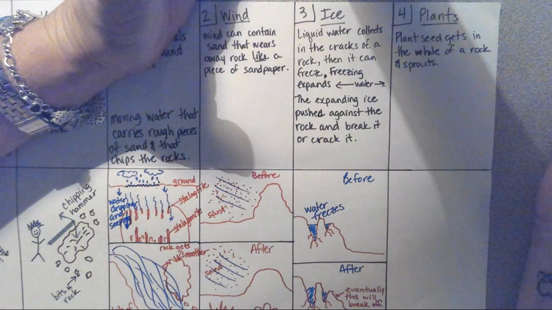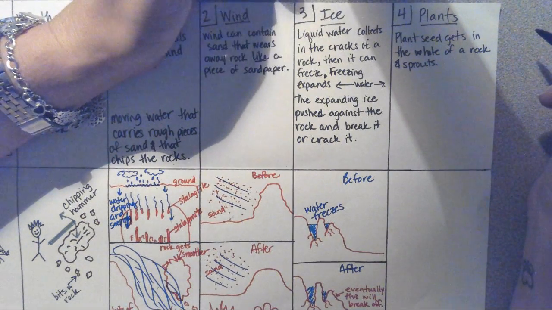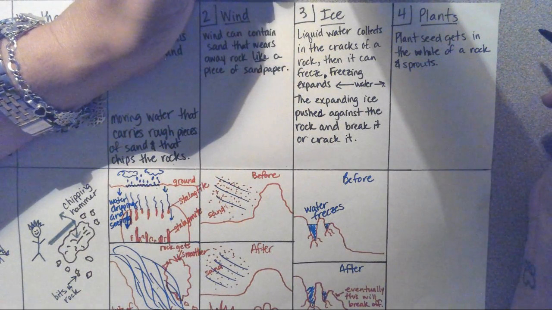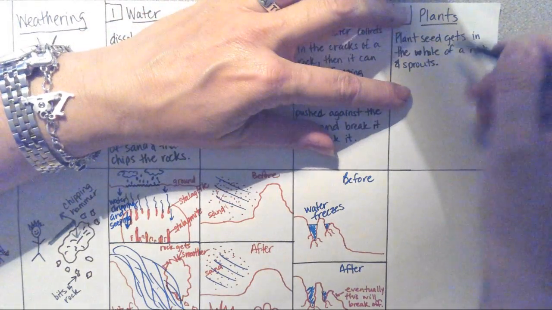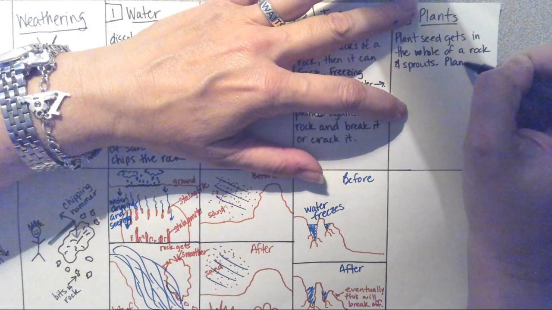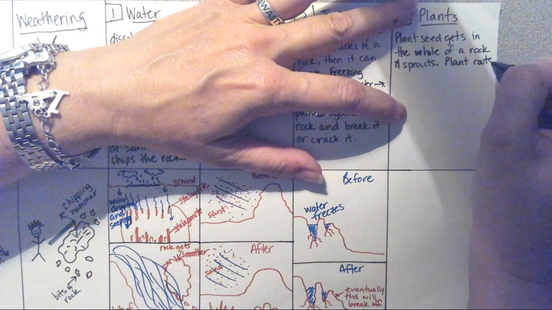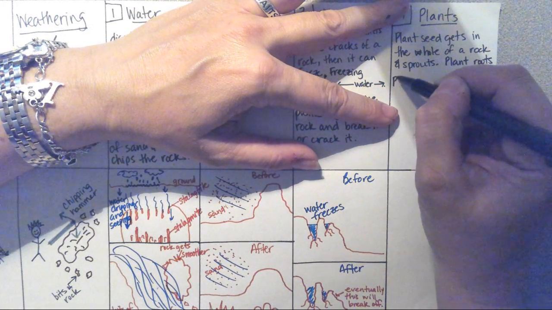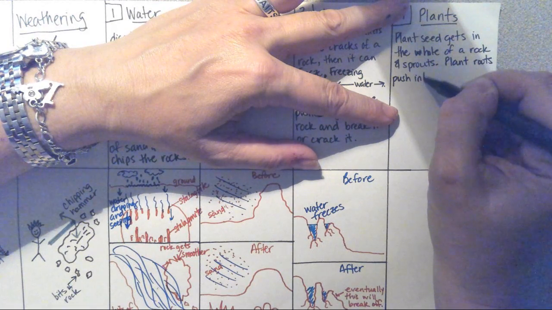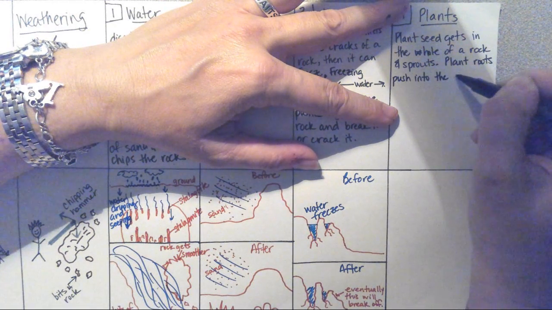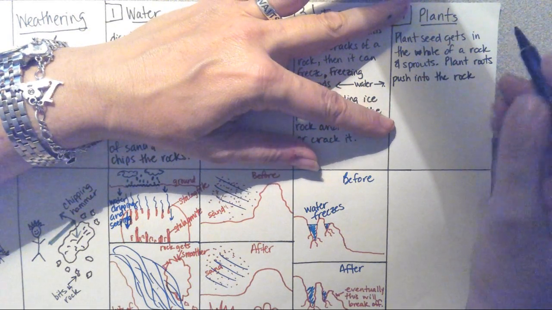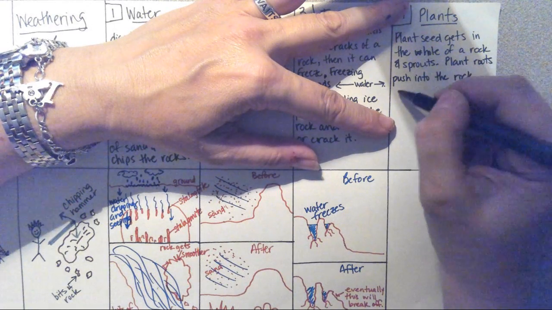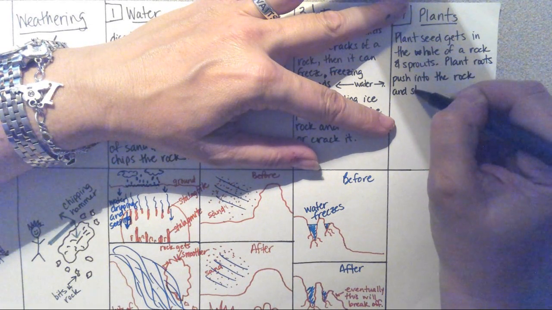And when a plant sprouts, what does it have? Right. So then the plant roots push into the rock, and start to break it.